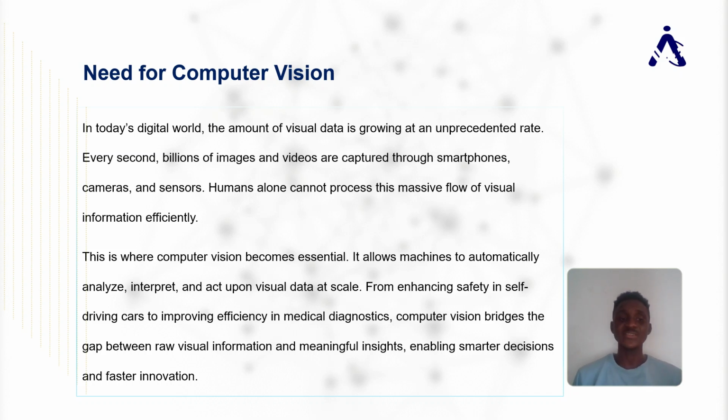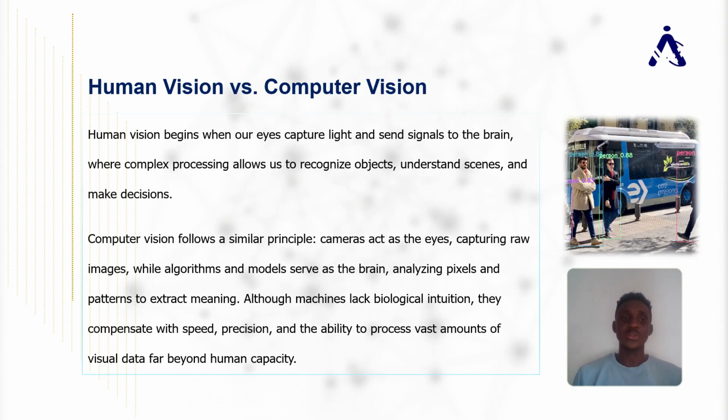From enhancing safety in self-driving cars to improving efficiency in medical diagnosis, computer vision serves as a bridge between raw information and meaningful insight, enabling smarter decisions and fast innovation. Next, we look at the difference between computer vision and human vision.